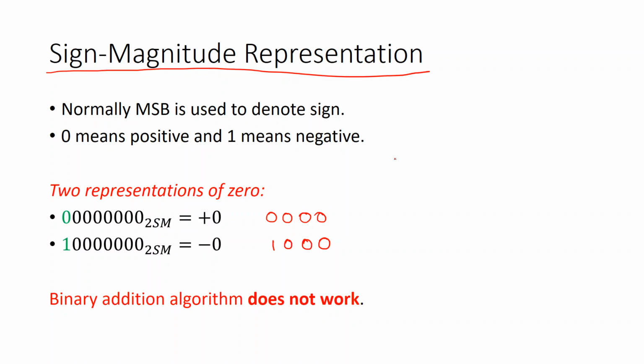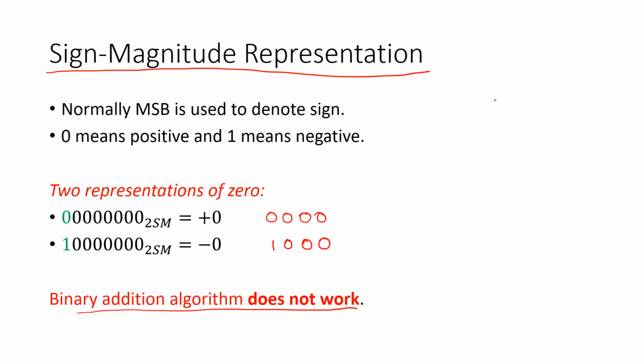Previously in normal binary, when we know we are in normal binary, we have to only specify the length of the number, and additional positions were padded with zeros on the left. Now along with the length, we have to also mention what sign convention we are adopting, whether we are in the sign magnitude representation or in some other representation. So this is about the sign magnitude representation, and you will find out that the binary addition algorithm will not work in this.